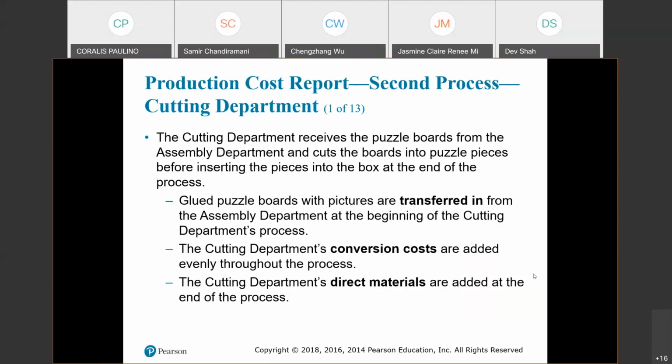When the units are fully completed in the first department, these parts should be transferred out of the first department and transferred into the subsequent cutting department. So this is the first input of cost.